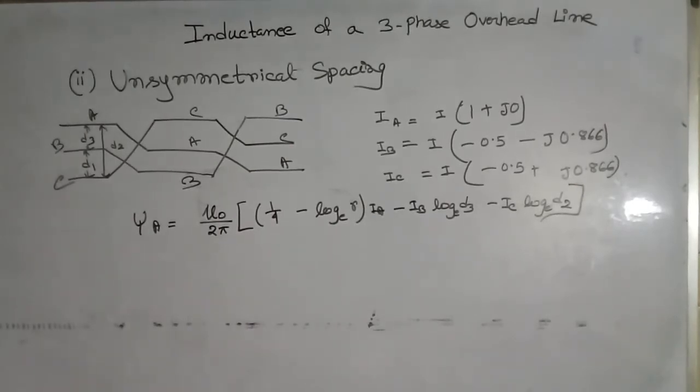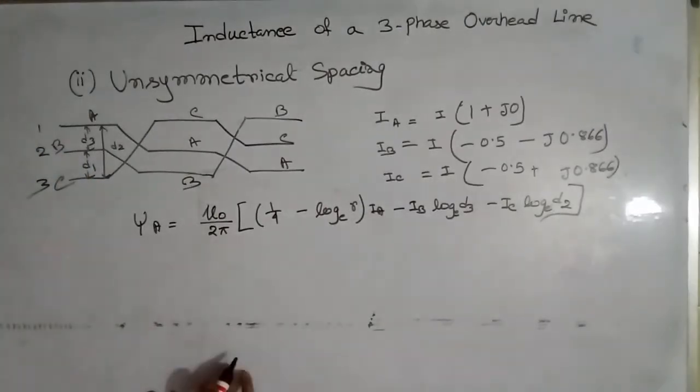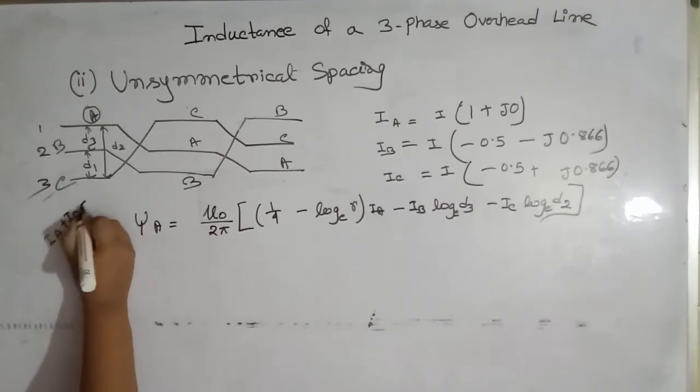Now the phase conductors are designated as A, B, C and the positions occupied are numbered 1, 2, 3. The effect of transposition is that each conductor has the same average inductance. For a balanced condition, IA plus IB plus IC equals 0.